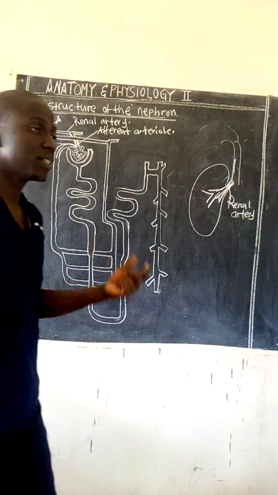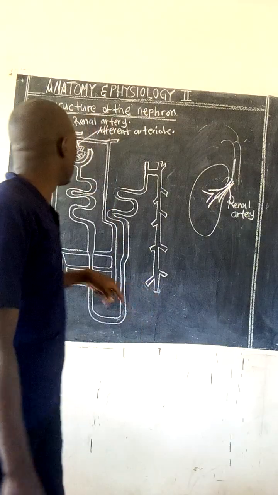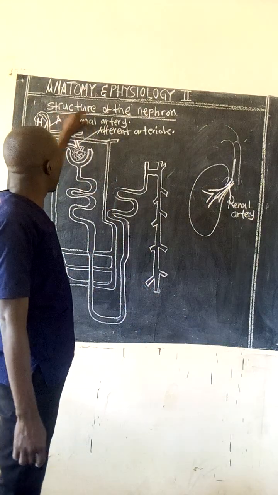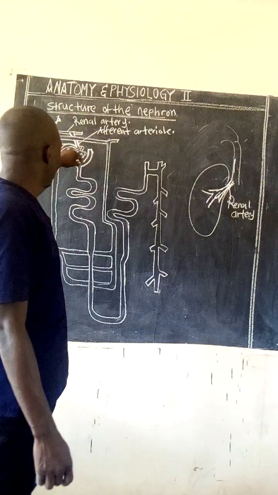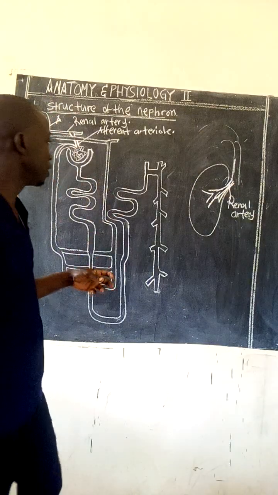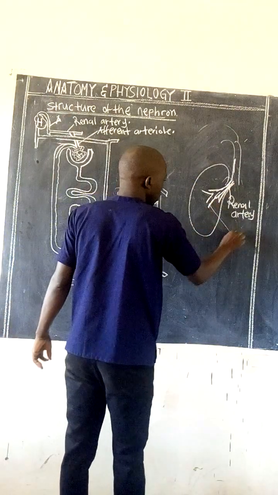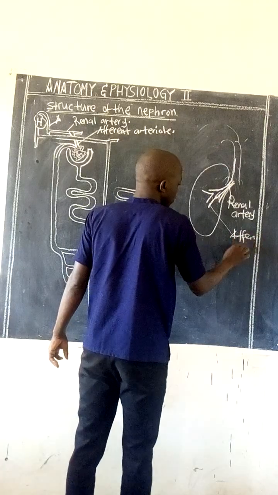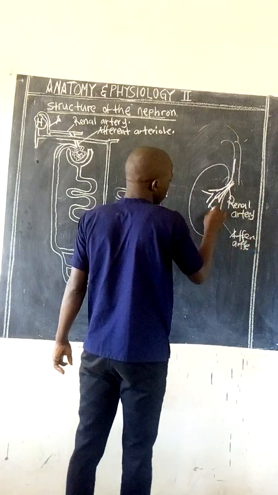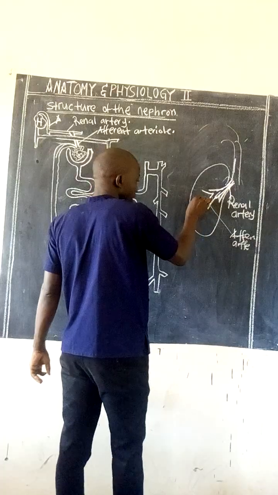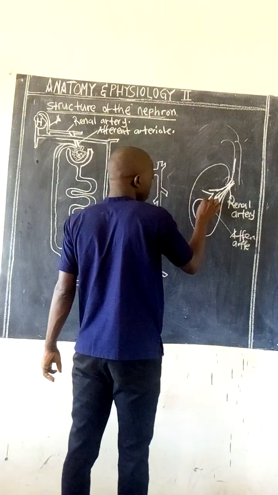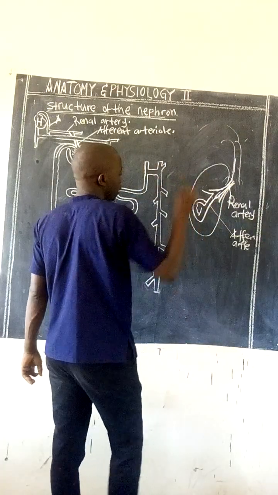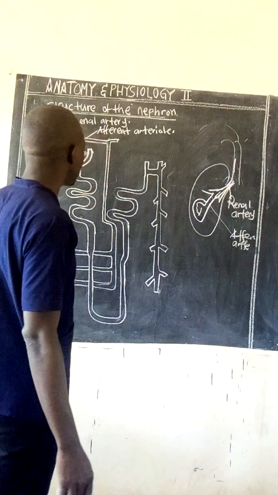So the afferent arteriole is going to take blood from the renal artery to the inside of the kidney. So this becomes our afferent arteriole.